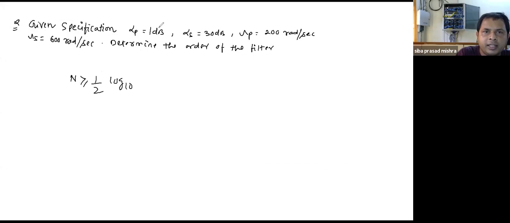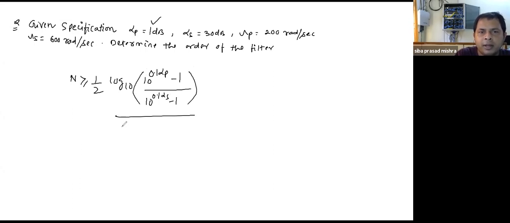Since it is given in dB, I will write the dB formula: 10 to the power 0.1 alpha p minus 1 over 10 to the power 0.1 alpha s minus 1, divided by log 10 omega p by omega s. Use this formula, or you can use the reverse also.